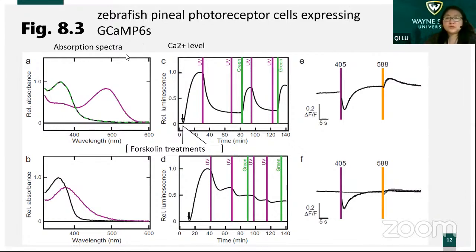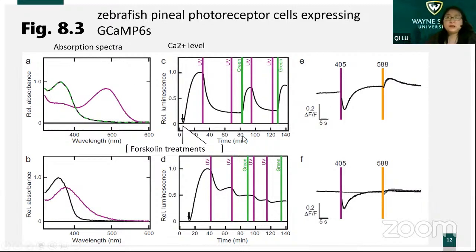This result indicates the intracellular calcium level. But we know that in photoreceptors there is a CNG channel that gates this calcium influx. Sorry, it's a cyclic AMP gated CNG channel.